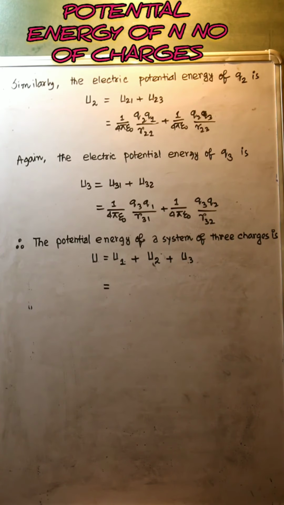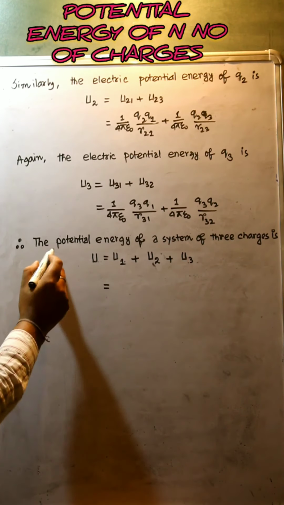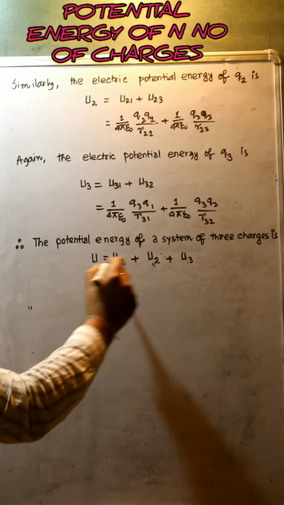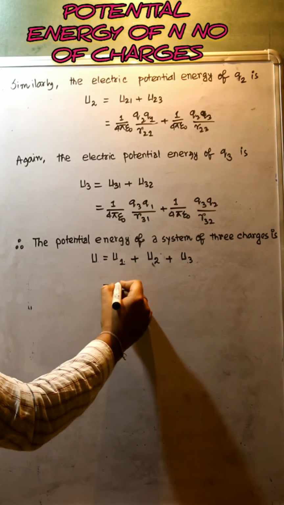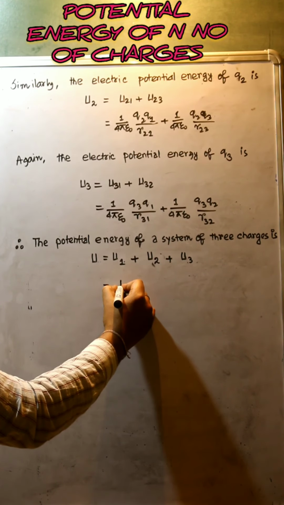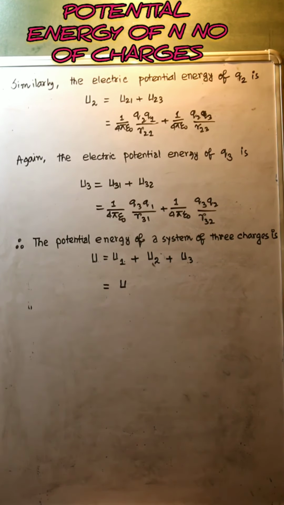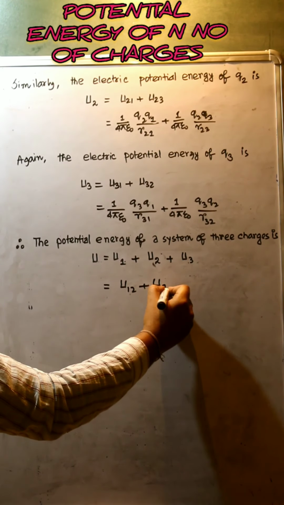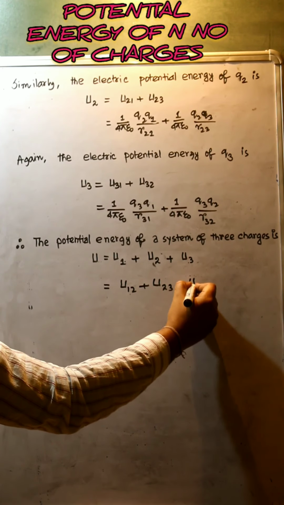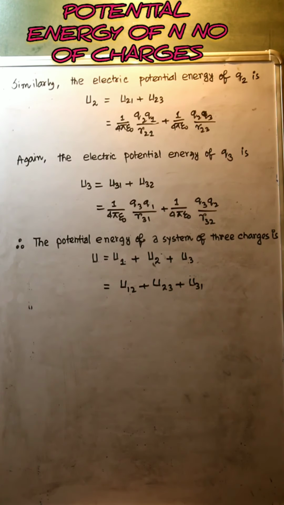So now the total potential energy of the system of three charges is U1 plus U2 plus U3. Here we can write only the sum of three energies, that should be U12 plus U23 plus U31, because we get 6 energies due to 3 charges, so we cannot add 6 energies.